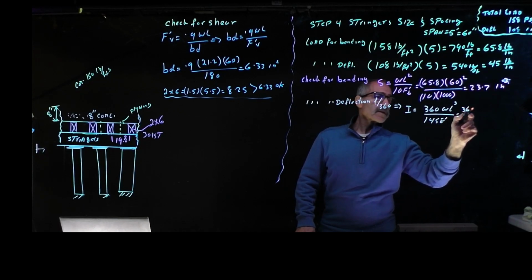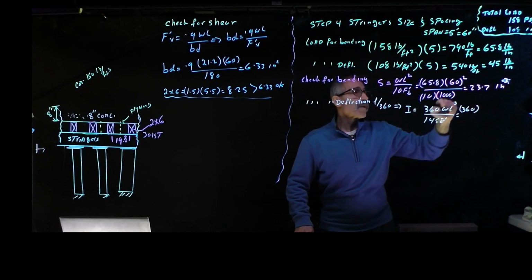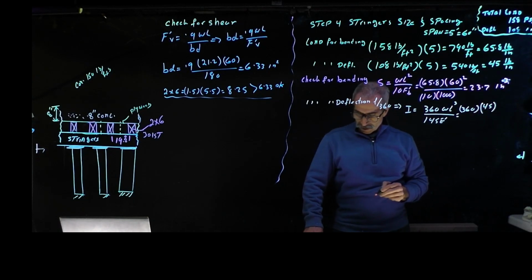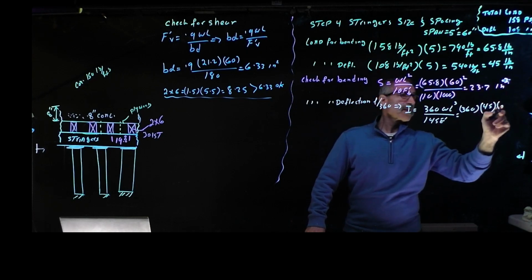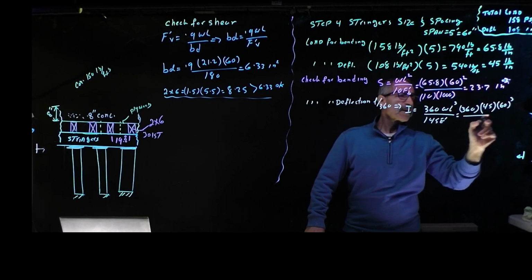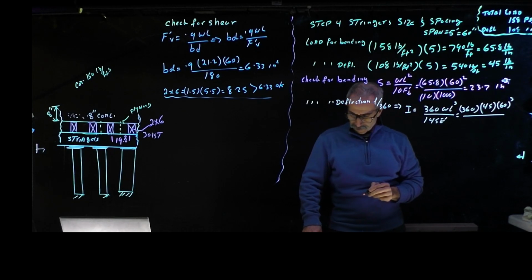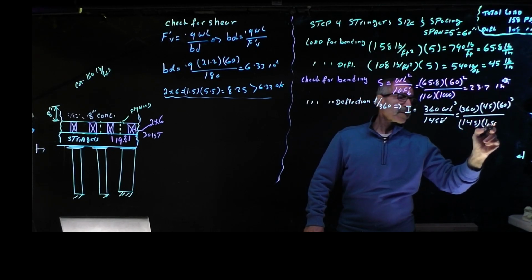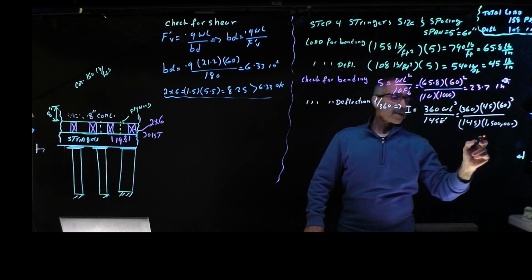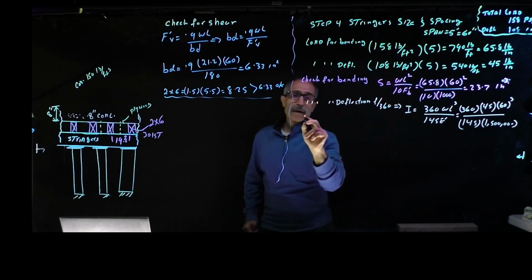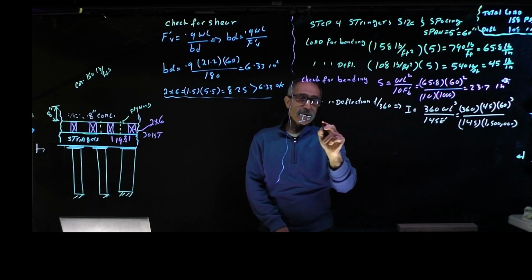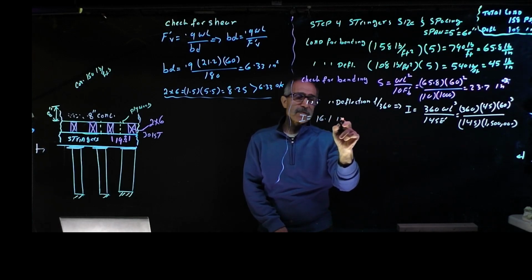So I get 360 times the deflection load, which came out to 45 pounds per inch, remember? Times 60 cubed, divided by 145 times 1,500,000, and I comes out to be 16.1 inches to the fourth.